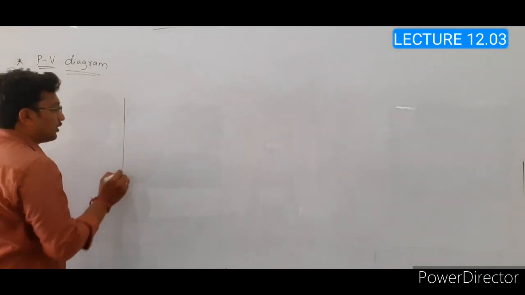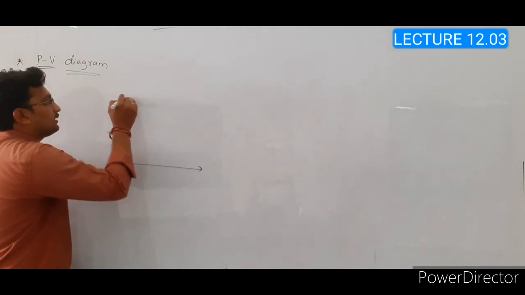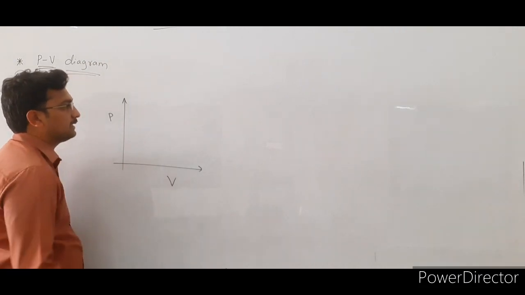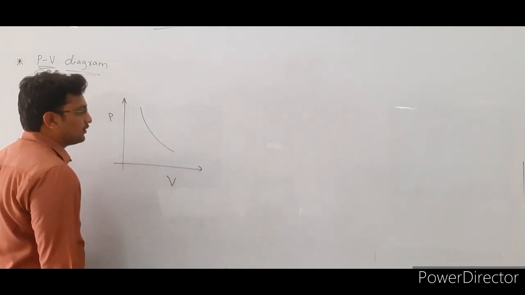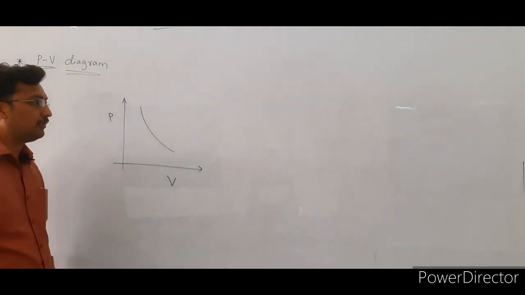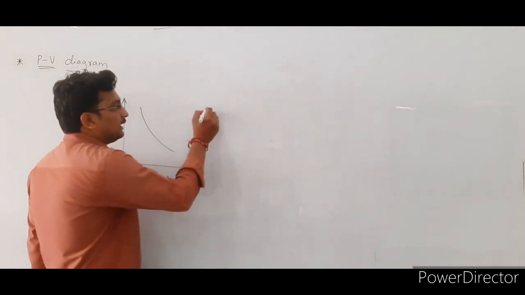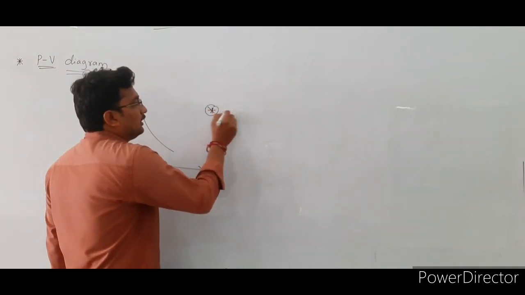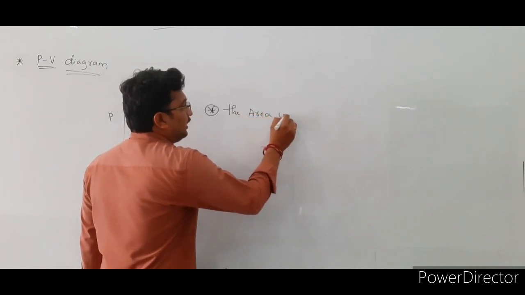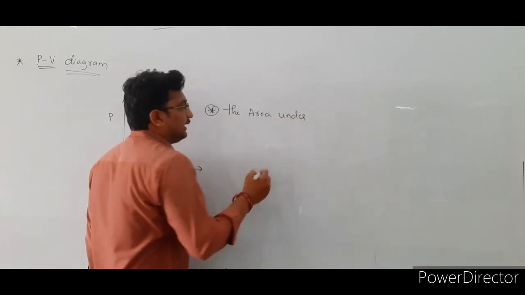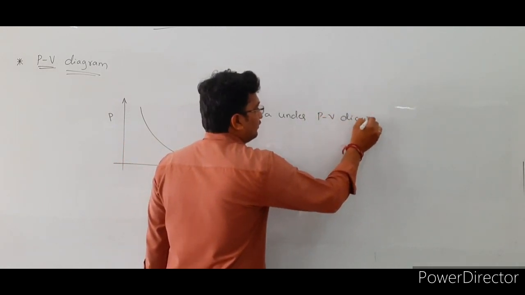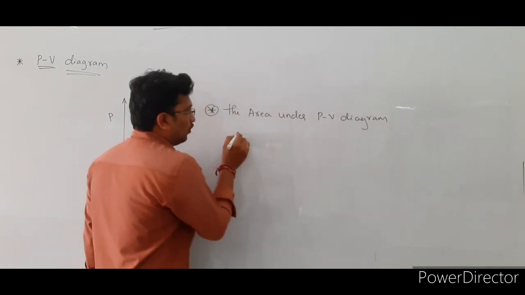Okay, see here. In this case, the pressure is taken along the y-axis and the volume is taken along the x-axis. This graph gives the variation of pressure with respect to the volume. One more point here: the area under the PV diagram gives the work done.